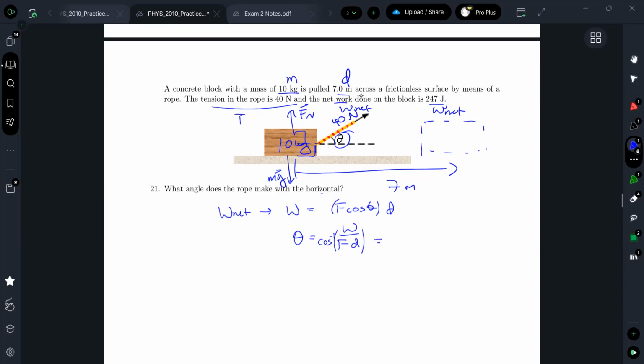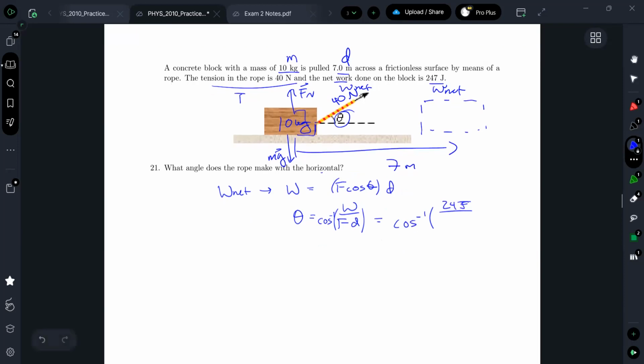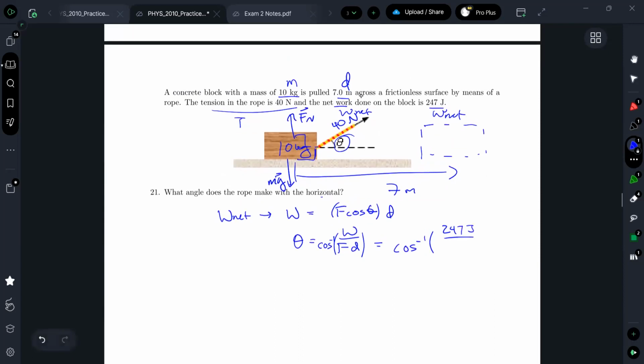Just skimming through some algebra: inverse cosine of work, which is 247, over the force, which was the force of tension, 40 newtons, times distance, 7 meters. And we get whatever we get from that. Okay, so that's 21.